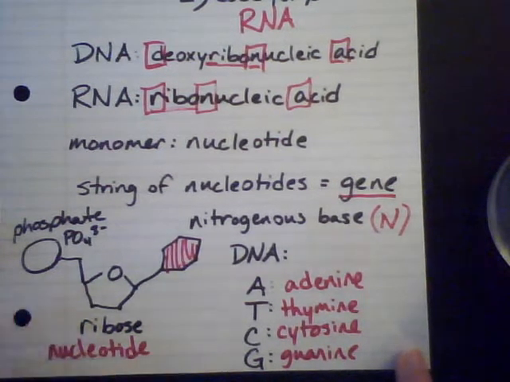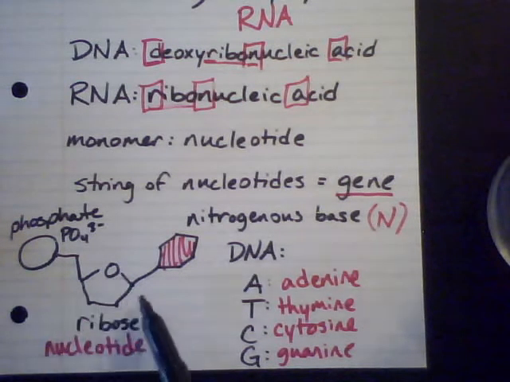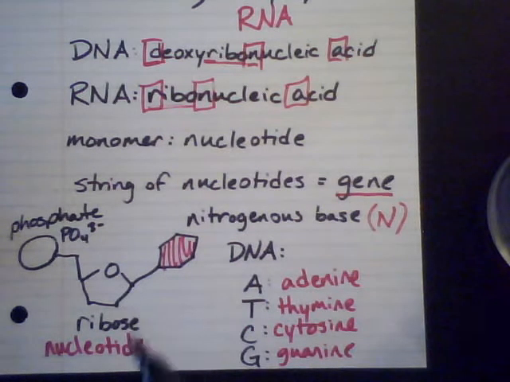And each of these bases has a unique structure, but there's 4 different options, and they all contain nitrogen. So just kind of a basic overview of what these nucleotides contain. They have this phosphate group, it's attached to our sugar in the center, and this nitrogenous base. That makes up one individual repeating unit of our nucleic acids here.